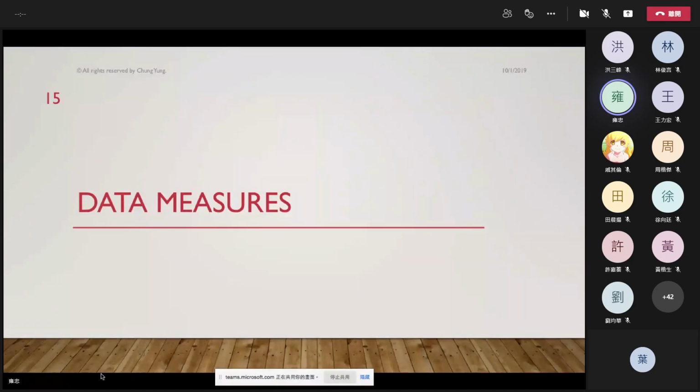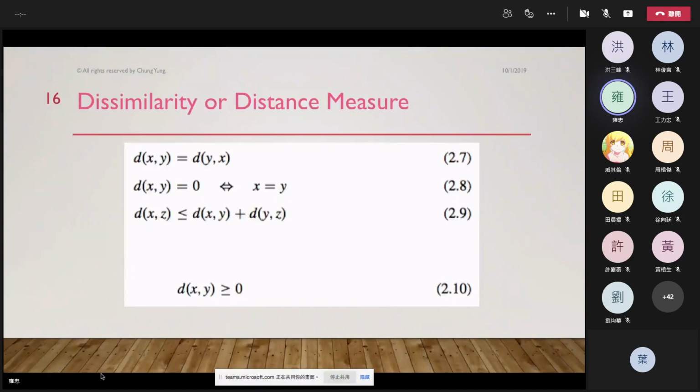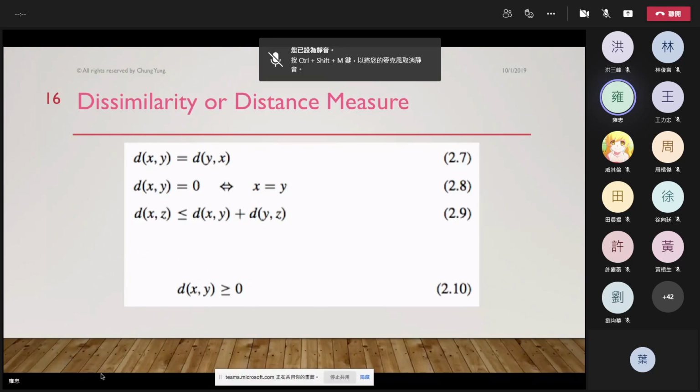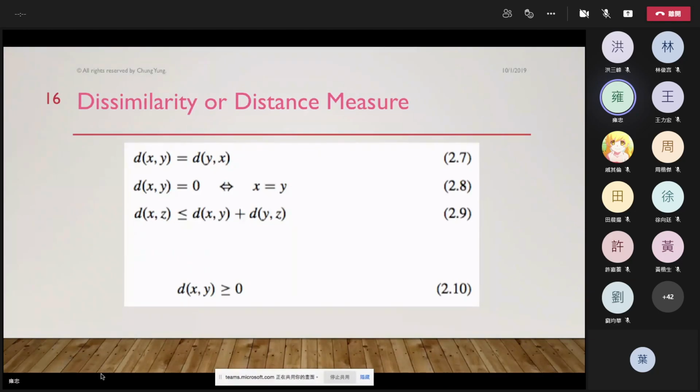Data measures. Here we talk about similarity and dissimilarity. When we say dissimilarity, sometimes we use the distance measure to show the dissimilarity.